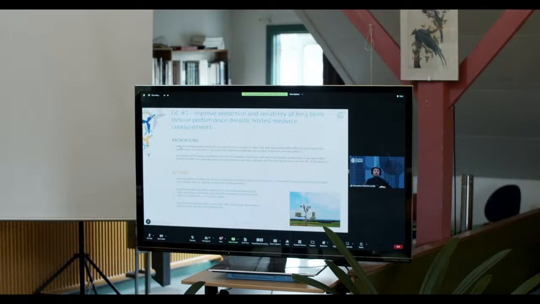Moving to grand challenge number 2: improve the prediction and reliability of long-term turbine performance despite limited research measurements. As you know, defining the long-term performance of a turbine is mainly done by combining 2 elements. First is having a good estimation of the actual power curve. Second is to correctly estimate the resource.